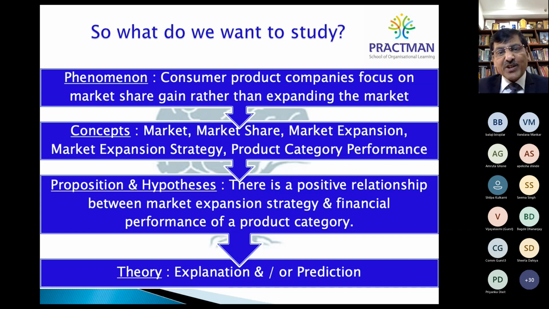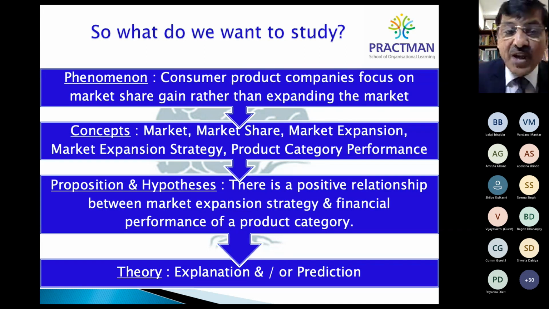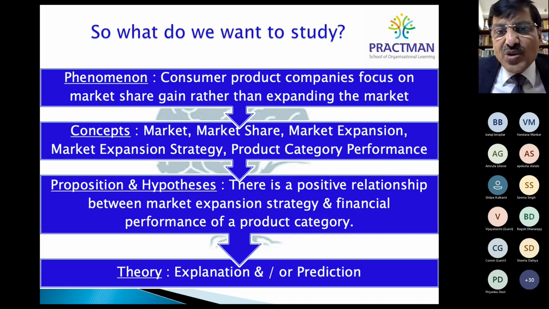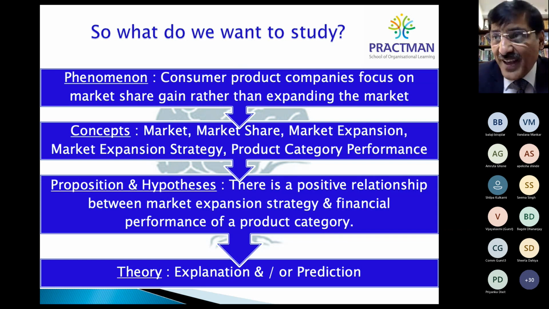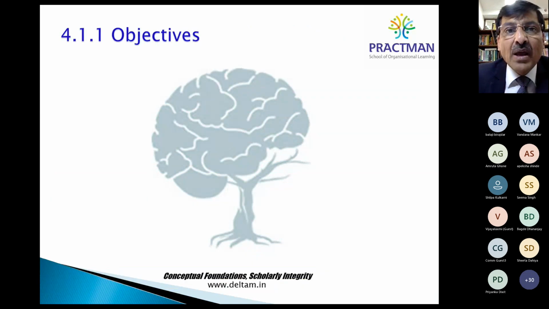It means that the more market expansion strategy you pursue, the greater is the performance of that particular product category for which market expansion strategy has been pursued. On the basis of these propositions, I could have thought of developing a theory, some explanation, related to market expansion strategy, and that is where we could publish some papers in international journals.